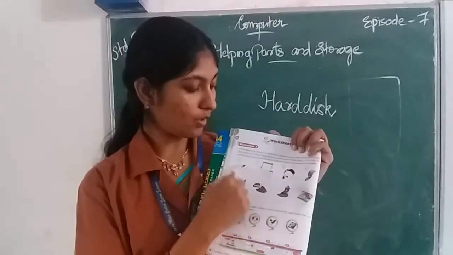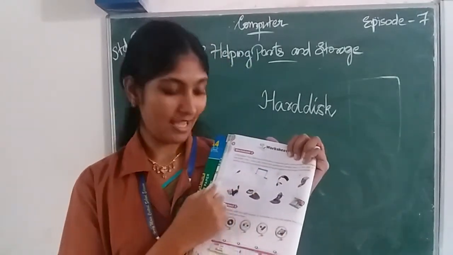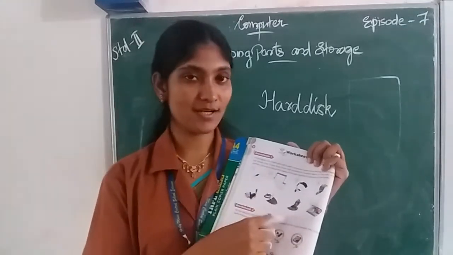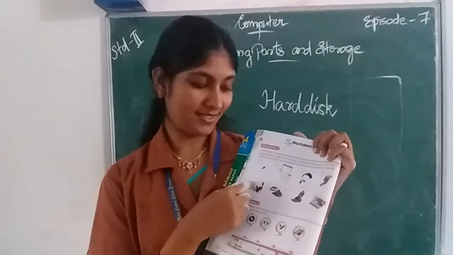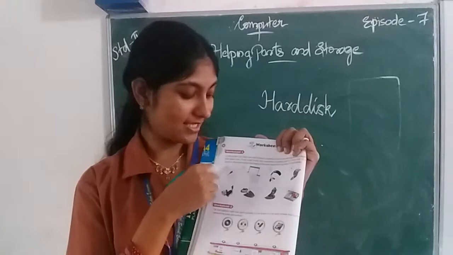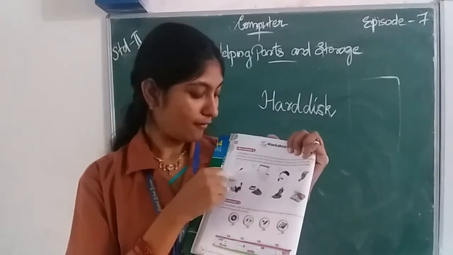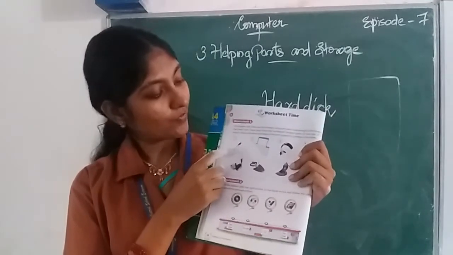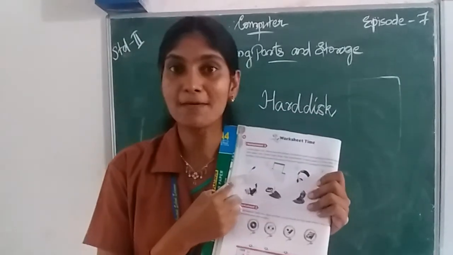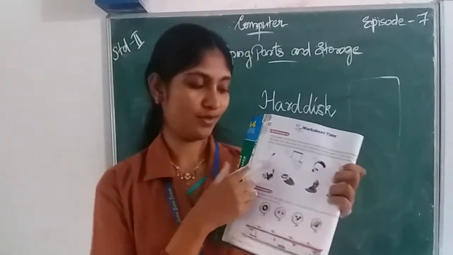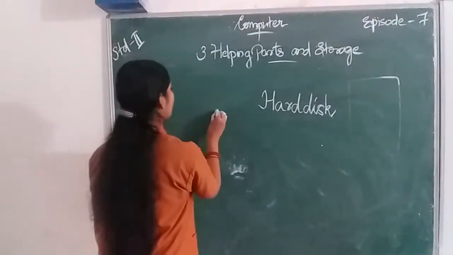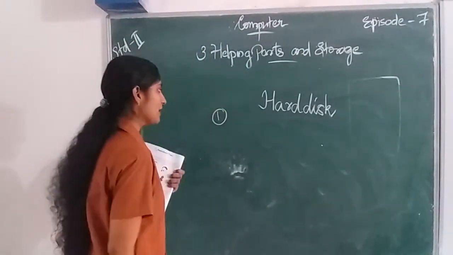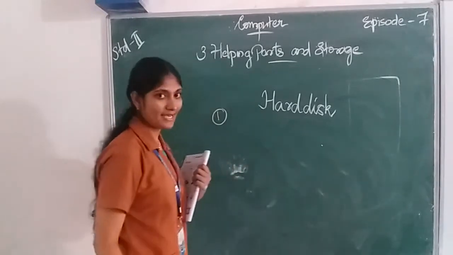In the first row there are some broken parts and in the second row their remaining parts. So you have to match the correct pairs first. Can you identify which part this is? It is a part of a microphone. Then what is its spelling?